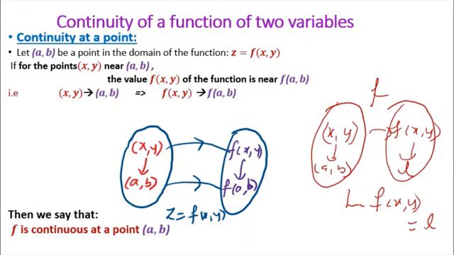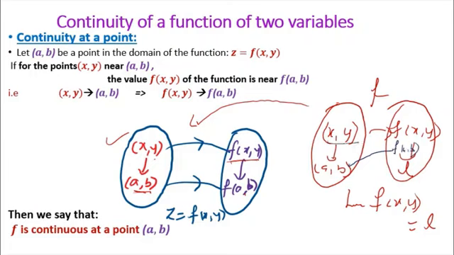Now you observe the same thing even in the definition of continuity. If in the domain x comma y is reaching a comma b, then f of xy is reaching f of a comma b. See, here I wrote L, but you will have an image for this point also.